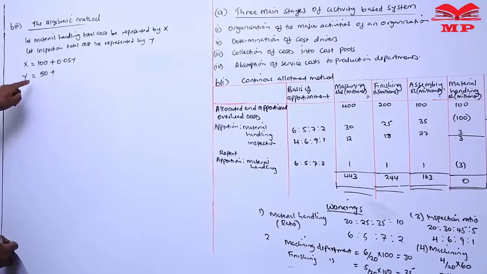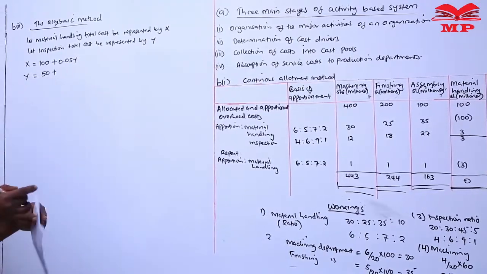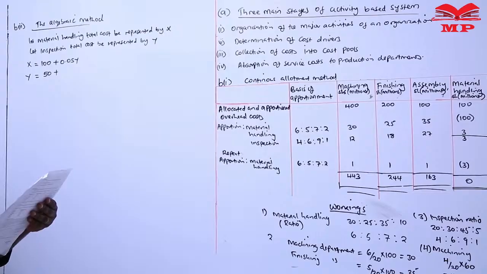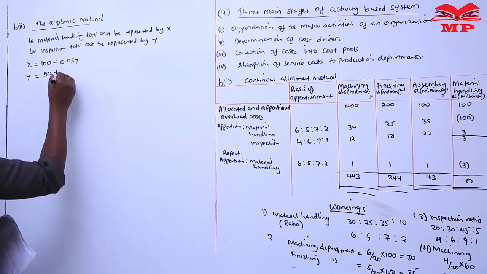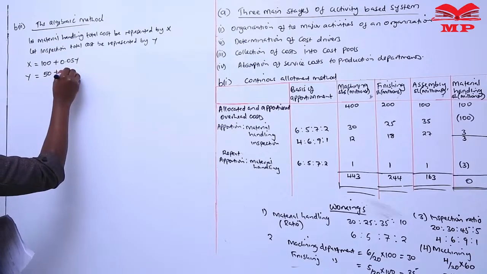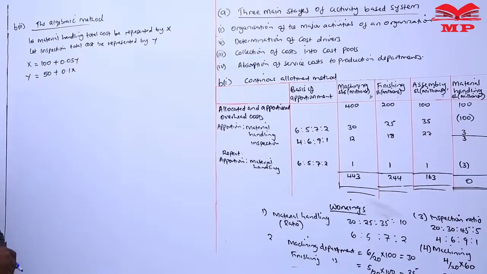The other service department is material handling, which was providing 10% of its services too, so we take 0.1 x.